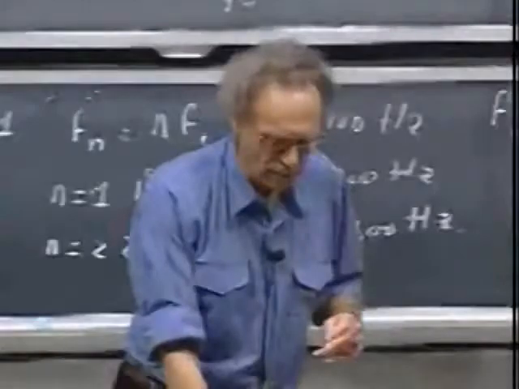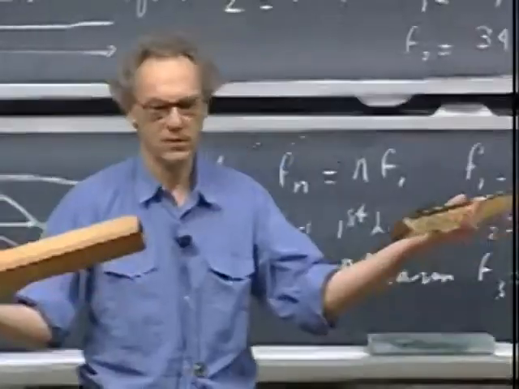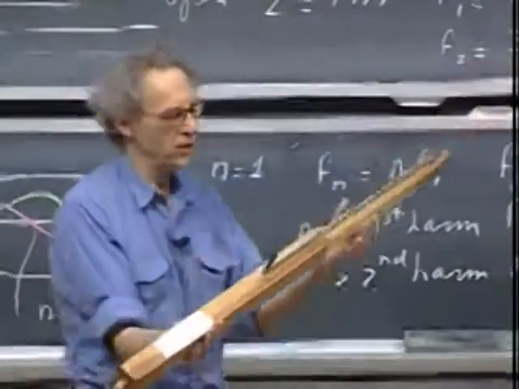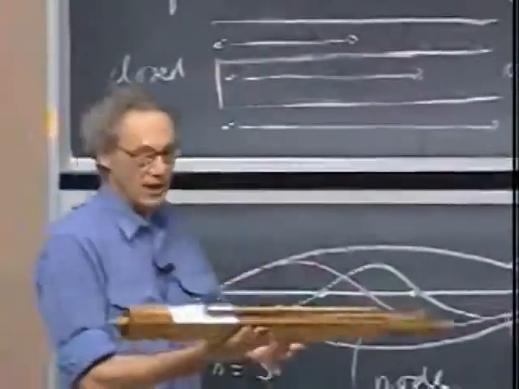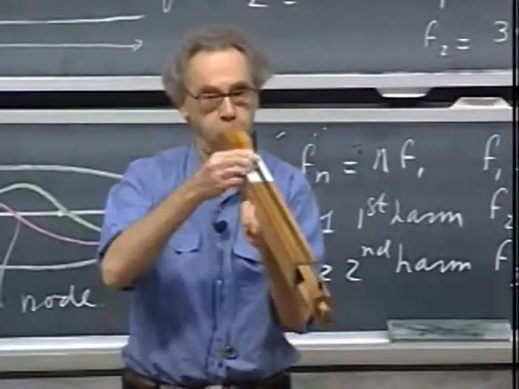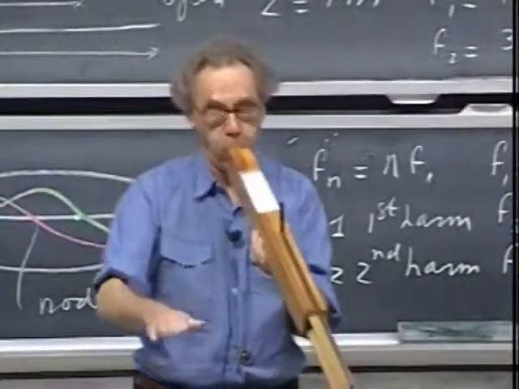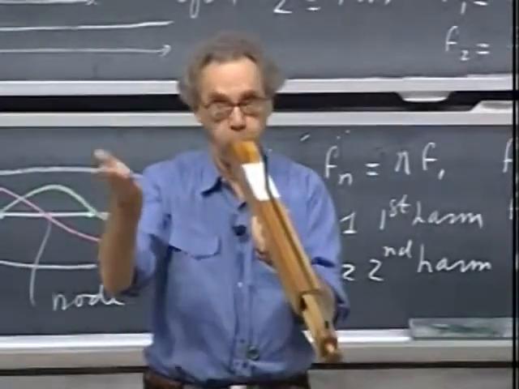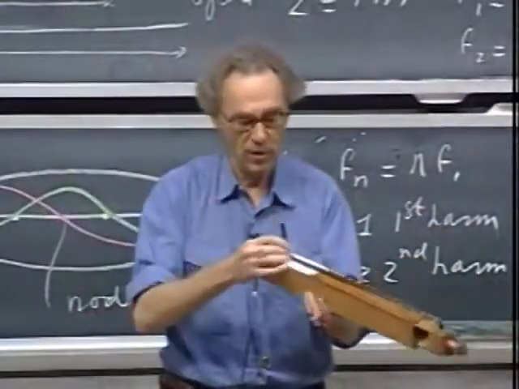I have another example here of an instrument which is open here, and here it is closed. This is my version of a trombone. There's a piston here. So this is a system that is like this, but I can move this in and out. And so when I have it far in, the frequency would be high. And when I have it here, so you see it's directly related to the length of this trombone.